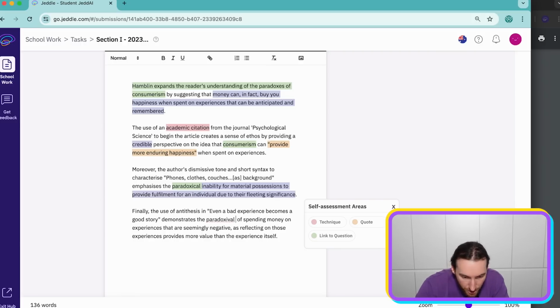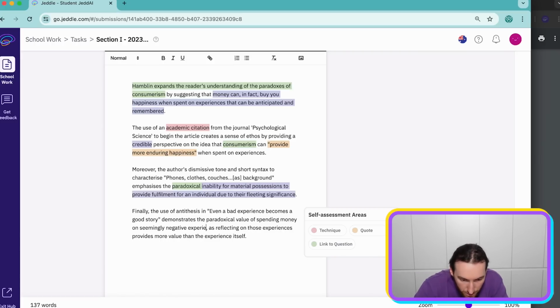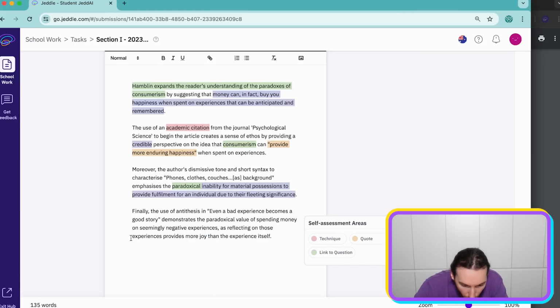I'm going to say the paradoxical value demonstrates the paradoxical value of spending money on seemingly negative experiences, as reflecting on those experiences provides more joy on those shared experiences. Always good to use a more specific word than just experiences: shared, individual, collective. On those shared experiences provides more joy than the experience itself.